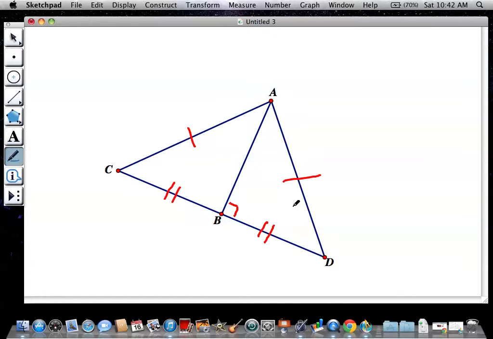So how can I use this in a problem? This is the converse theorem. I know these two are congruent, so I can conclude that this segment here is perpendicular and it splits it at the midpoint, so it's a perpendicular bisector.